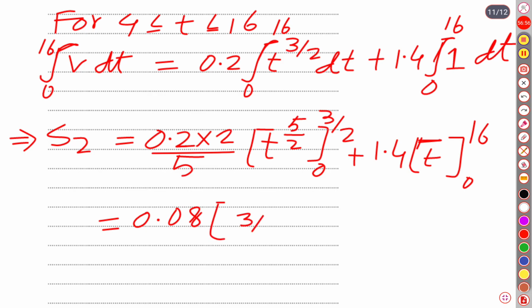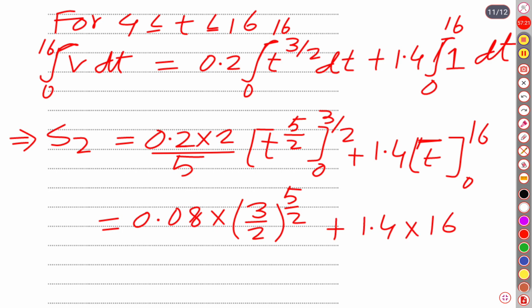As the lower limit is 0, we can avoid multiplying by the lower limit, it will also be 0. That's why it is just the upper limit. Hence our S2, second phase, is going to be, let us use our calculator.